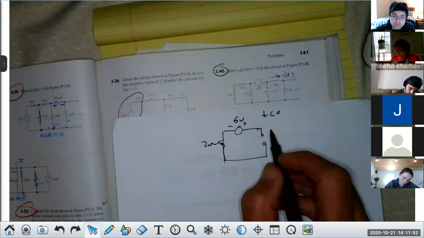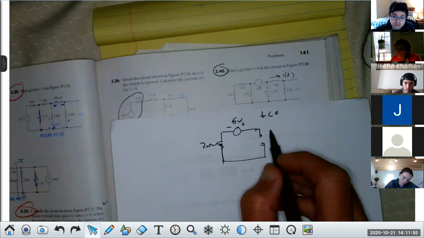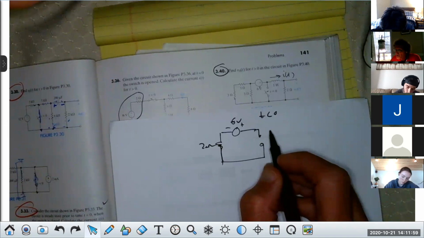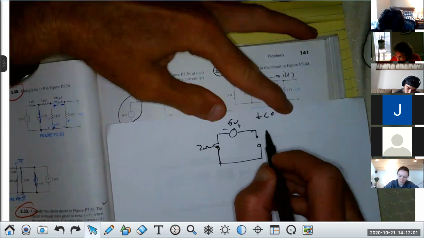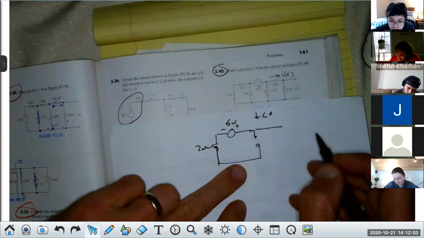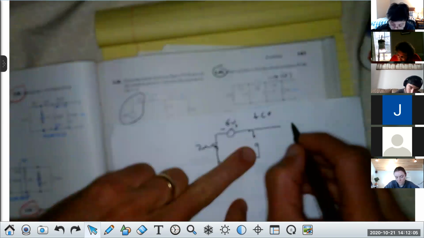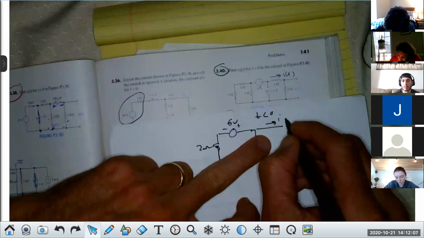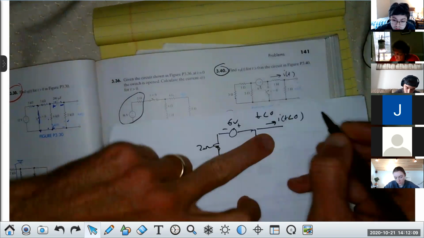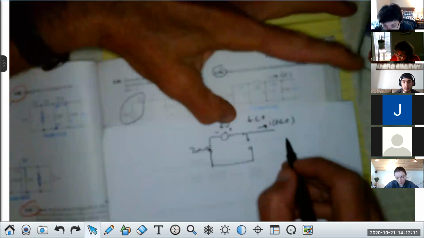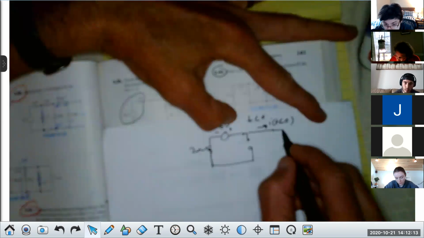Short. Short circuit. It's a wire if nothing's happening, so replace it by a wire. Now, that is the current I want, and this would be for t less than 0, correct, class? And then I have 2 ohms in front of it.